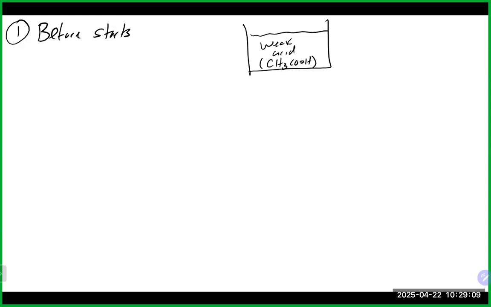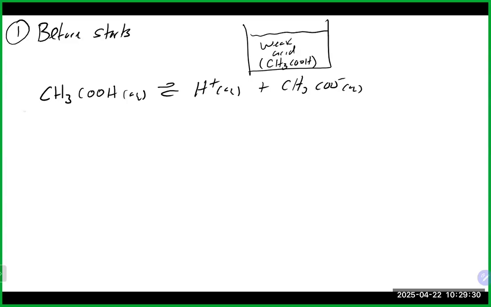So because this is a weak acid, that means if I want the pH, I actually have to do a Ka problem. So I got to take my weak acid, I got to do a little dissociation of it into H plus and acetate. Now, again, because you have not started titration, you haven't added volume, which means you could do this in molarity.